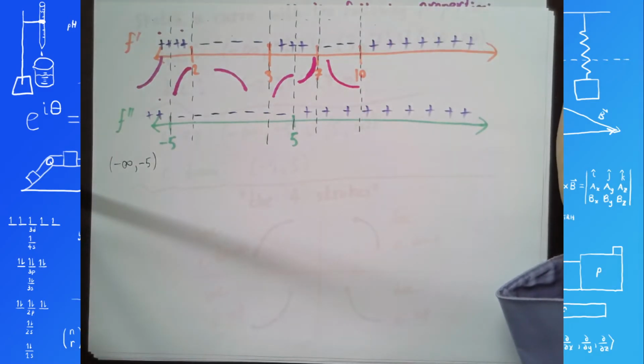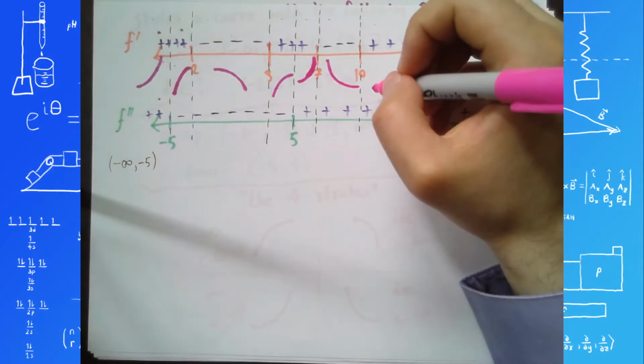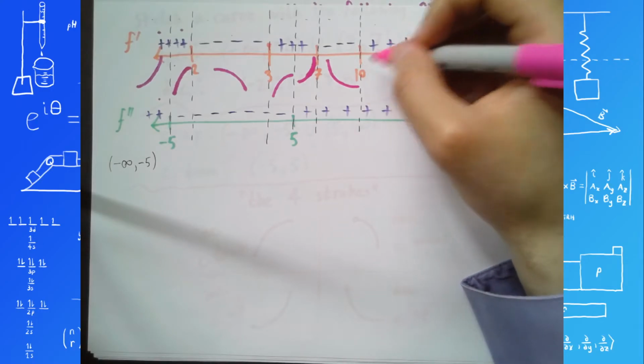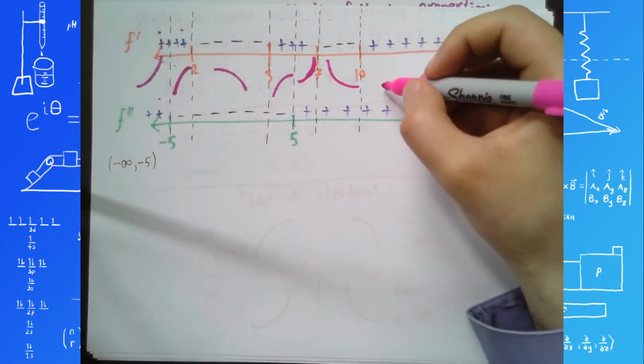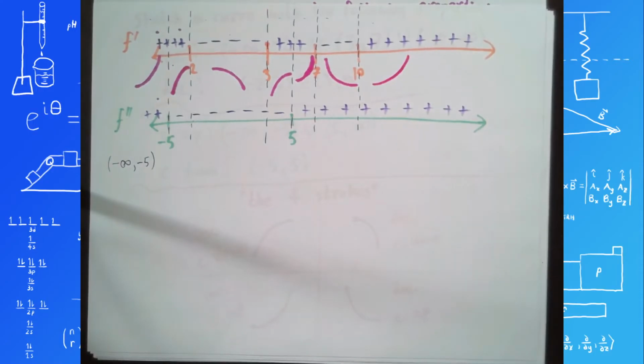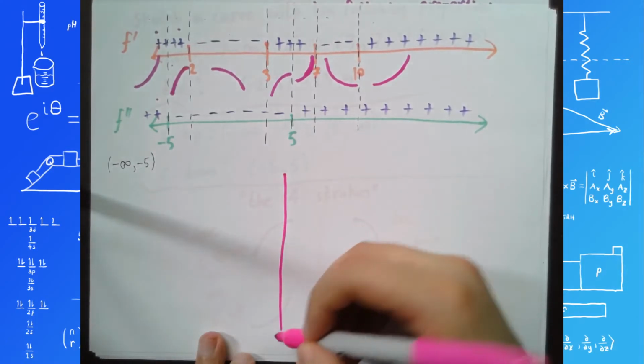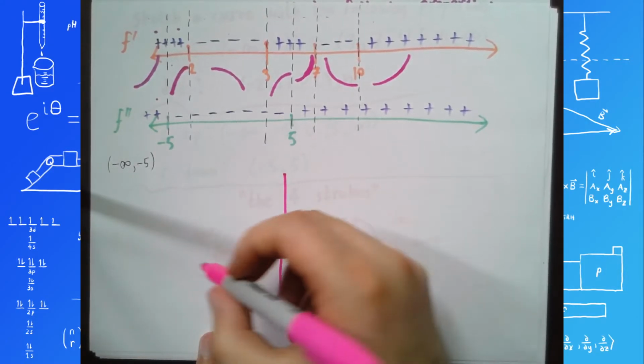This is a very weird looking graph, judging by what I've drawn so far. And then from 10 to infinity, we've got increasing concave up. So putting those pieces together, you should be able to provide a decent sketch of the curve. And there's more than one correct answer here, but, you know.